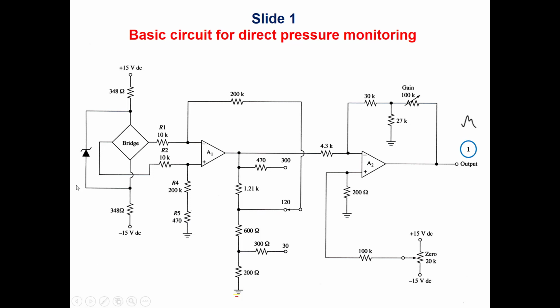So first of all we have to do the zeroing, and then we start recording. This is a Wheatstone bridge which is used for the measurement of the blood pressure waveform. Its output, as we said, is a differential signal. In order to amplify it, what we use here is a differential amplifier with multiple gains.